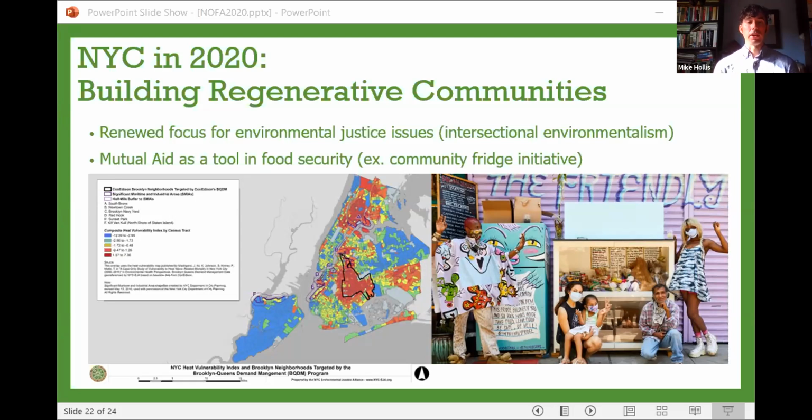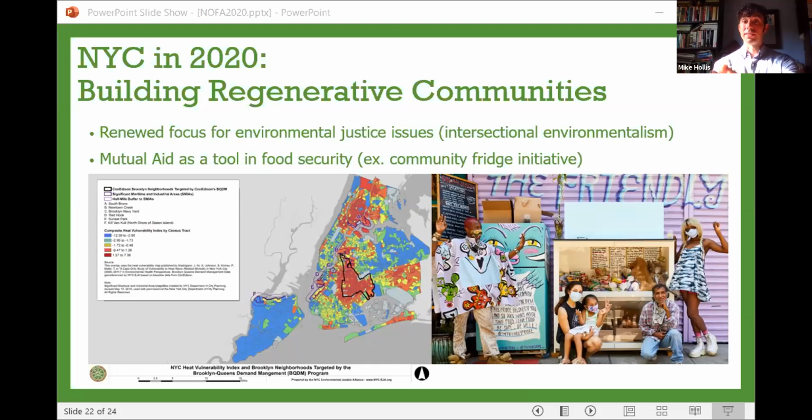Outside of the legislative community, I also absolutely want to give a shout out in that in New York City, for sure, the community response to COVID has created a really strong mutual aid movement. While mutual aid has been a part of New York City's history for a long time, we're seeing a lot of new community-led projects, including food security projects.